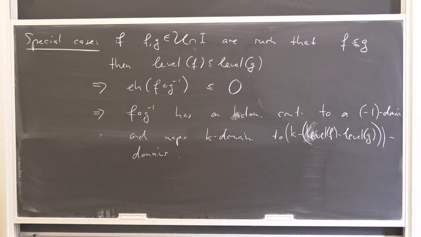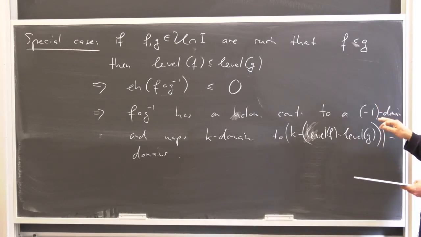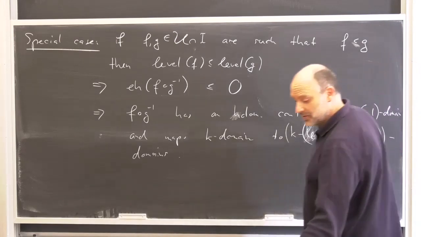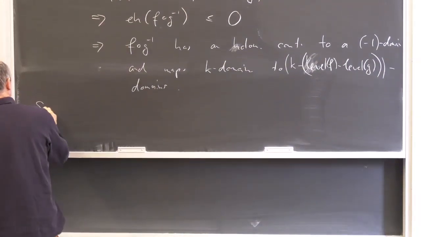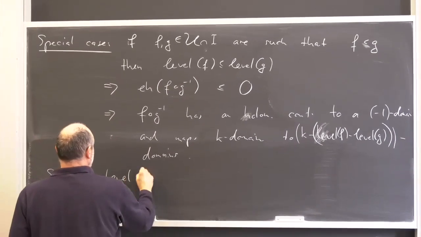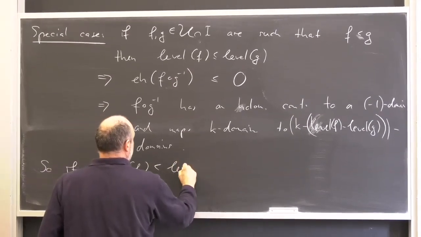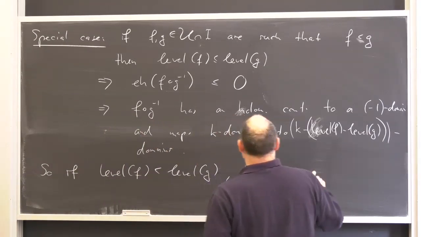Okay, so that means it maps. Standard quadratic domains are zero domains in particular, right? So it maps standard quadratic domains at most into zero domains. And in particular, if I make an additional assumption, if the level of f is actually less than the level of g, right?